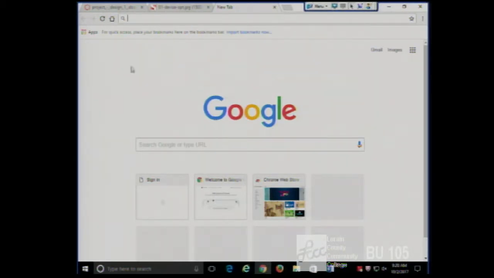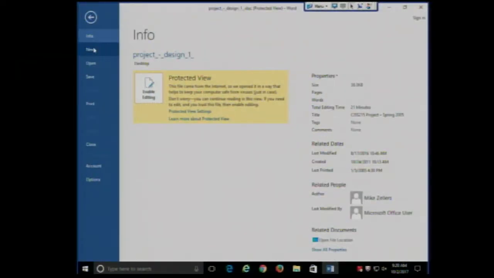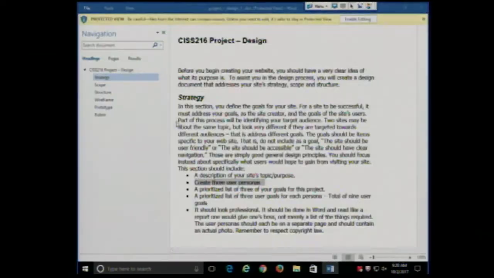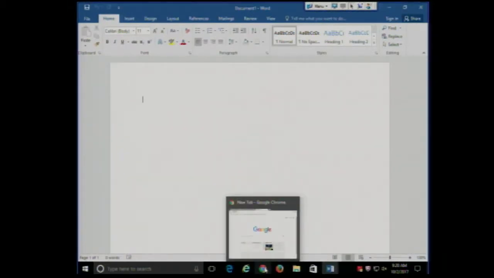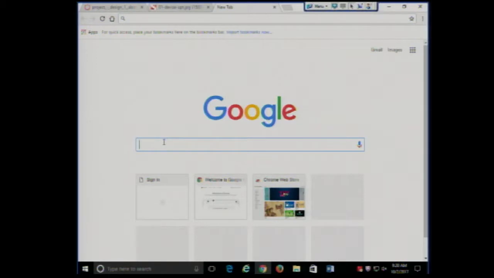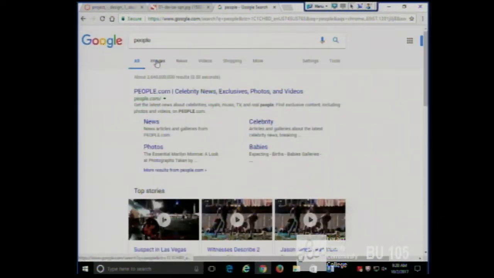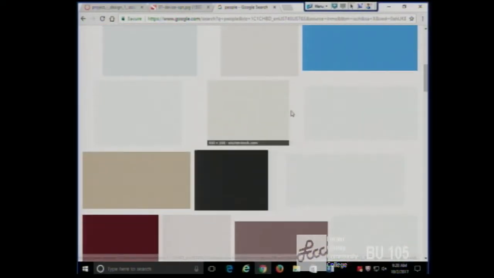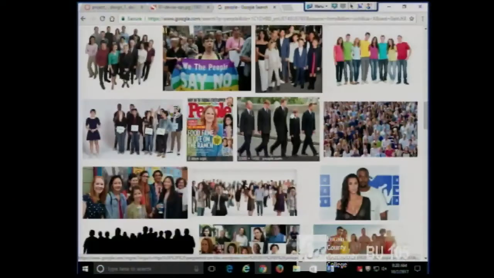So I'm going to open up Word. Oh, Word's already open. I'm going to open up a new file. And just going to Google people. There we go.